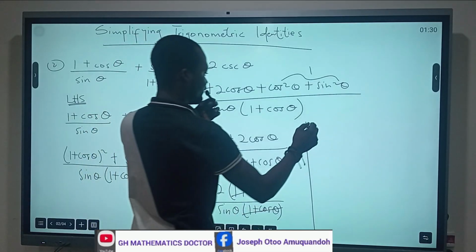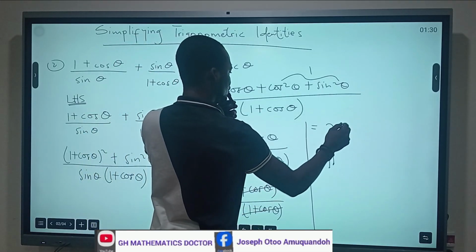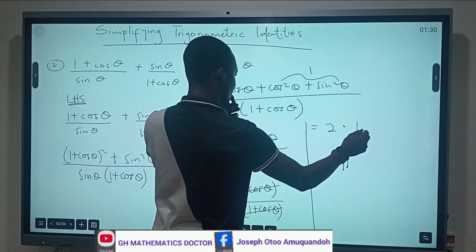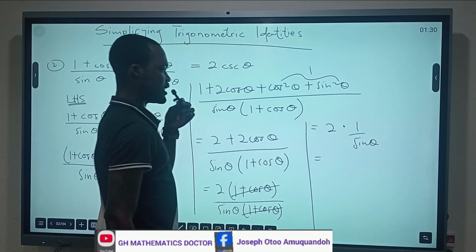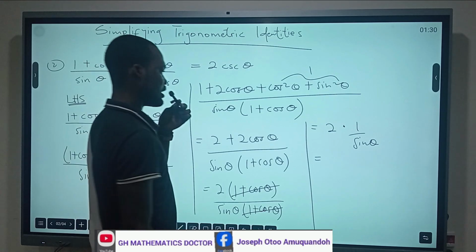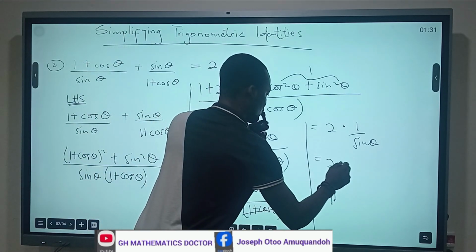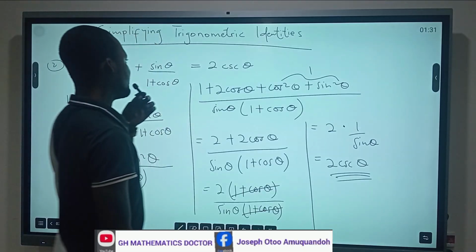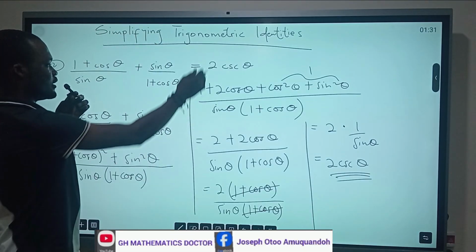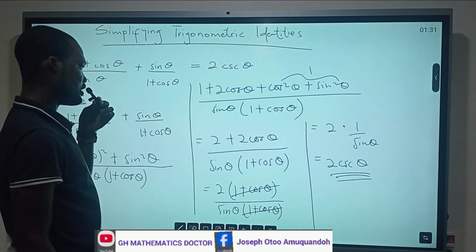Then we are left with 2 multiplied by 1 over sine theta. And we know 1 over sine theta gives you cosec theta. So we have 2 cosec theta, and that gives you the same identity which is at the right hand side.